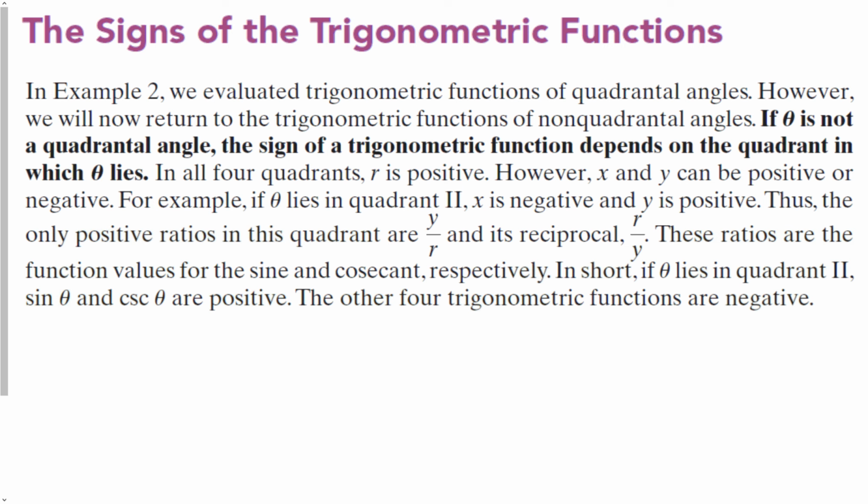So in all 4 quadrants, the radius is positive. The distance from 0, no matter what, if I'm drawing an angle starting from standard position, from the positive x-axis, this distance, no matter what it is, could be 1 for a unit circle, could be whatever, doesn't matter. Whatever that distance is will be positive. Distance is always positive. The radius is always positive.